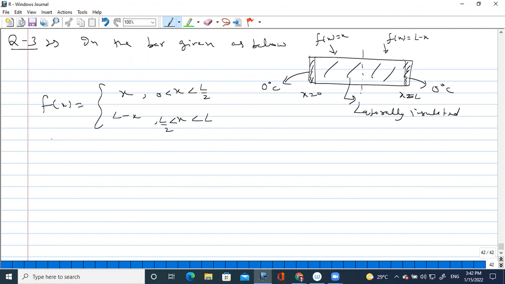Here the formula for the profile you have to use is the same. The question is to find u(x,t). So how to solve such a problem?